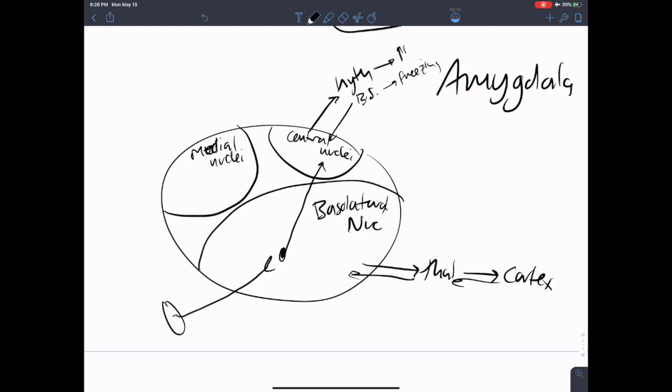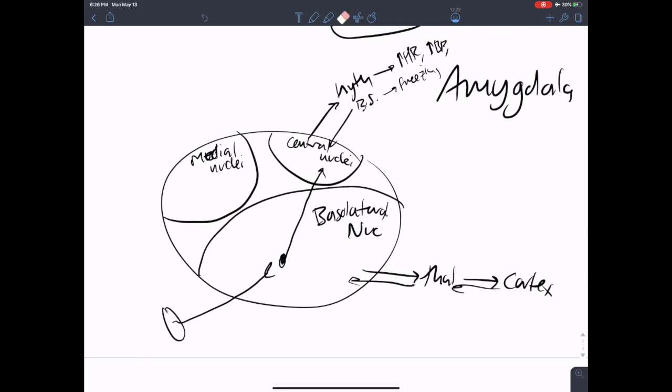So this increases heart rate, increases blood pressure. It may dump epinephrine into the bloodstream, stuff like that. So this is where you get that integration between a stimulus, like pain, and a response.